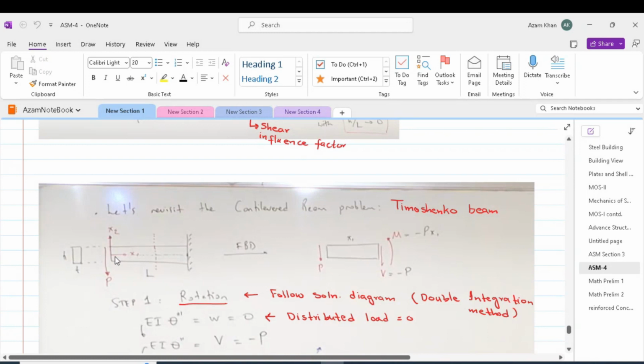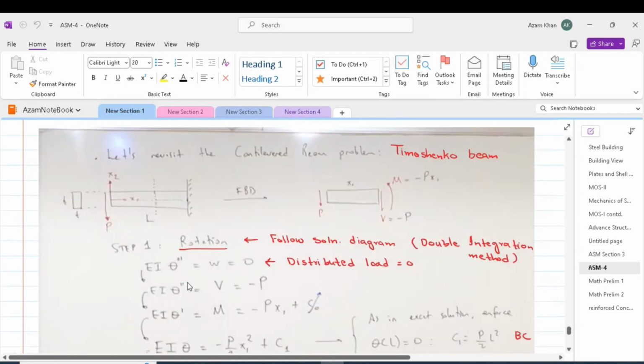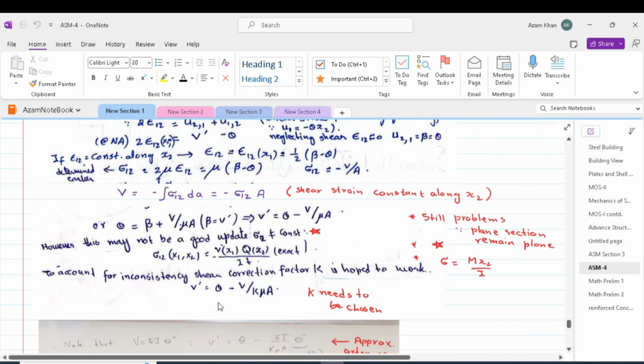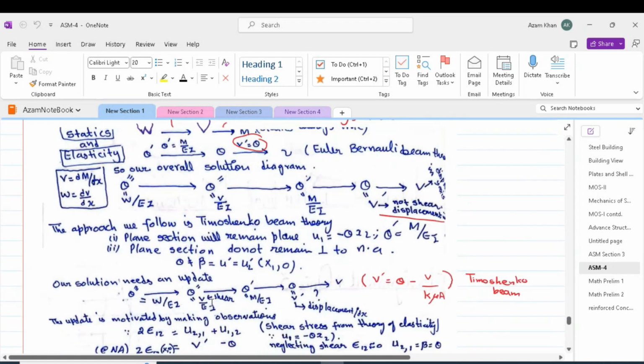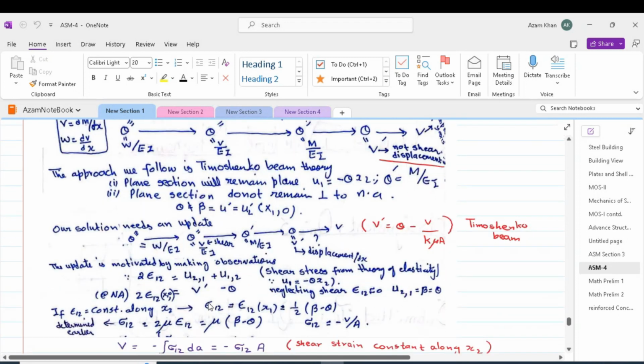The cross section of this cantilever is shown in this figure. So the depth of the beam is h and the thickness of the beam or width of the beam is t. So our aim in this question is to implement the Timoshenko beam theory and work out the deflections.